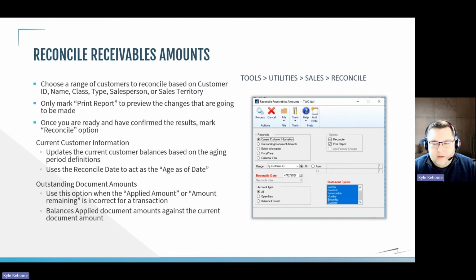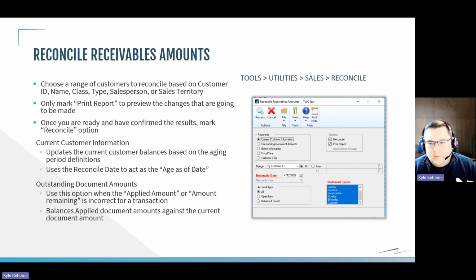I see this often used if you had to unapply a credit or something like that, or often if you're entering cash receipts and you go to apply something and then maybe that cash receipt doesn't save or you have to delete it. Sometimes what you were trying to apply to might still think it's tied up, even though there's nothing actually applied. That's where if you run this reconcile routine or utility, this will help fix that.